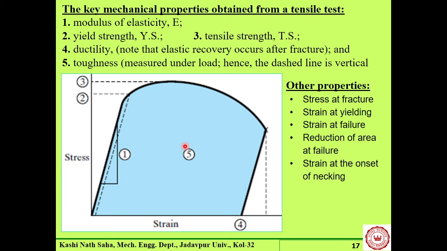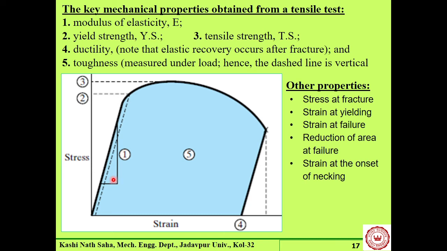So now the properties which we get from this particular test are the modulus of elasticity, sometimes known as Young's modulus also, because after Robert Hooke, Young carried out the test for the uniaxial stress field.